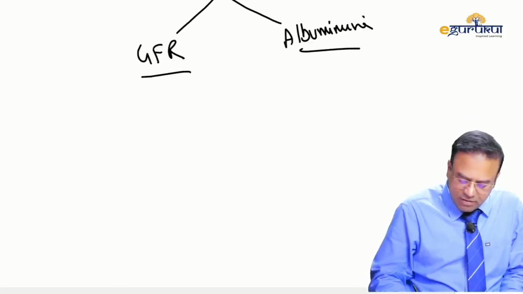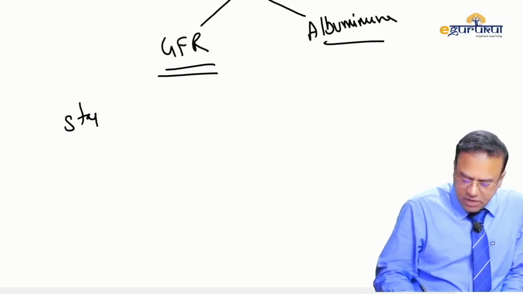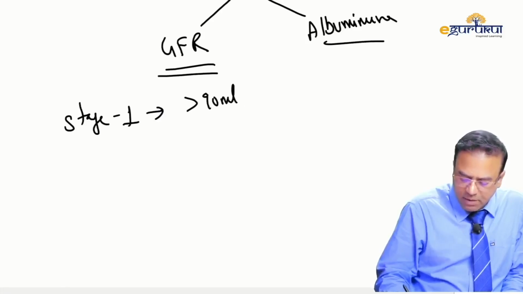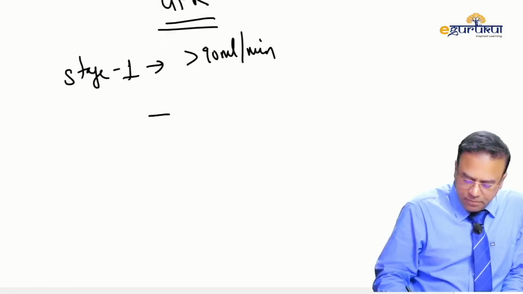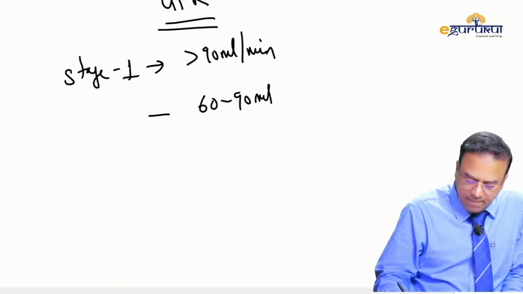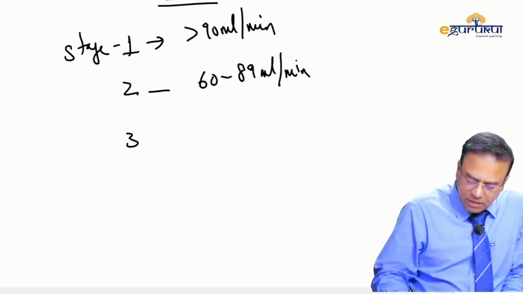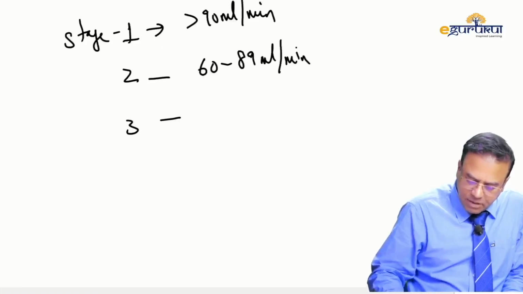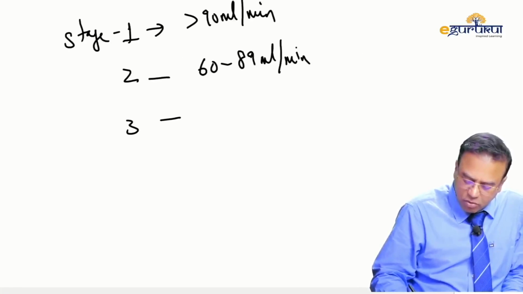As far as the GFR is concerned, for stage 1, if the GFR is more than 90 ml per minute, 2, if it is 60 to 90 ml per minute, obviously it is 60 to 89 if you want to be accurate, 3, which is 30 to 59, but this 3 is actually broken into 2, that is 3A and 3B.